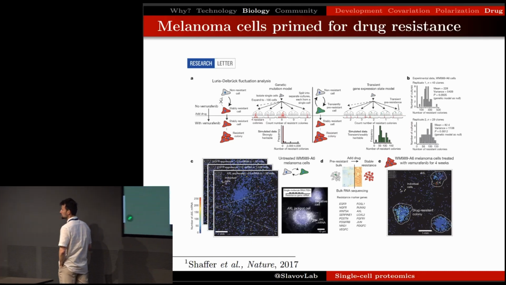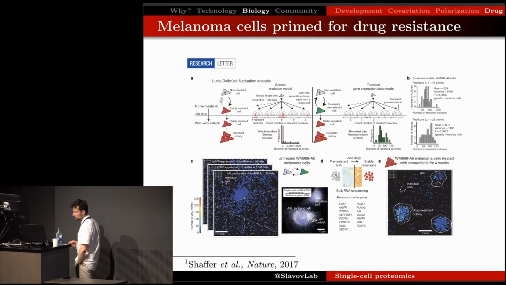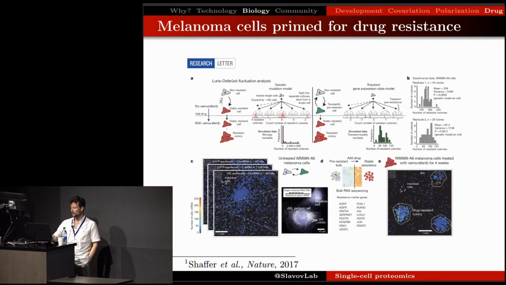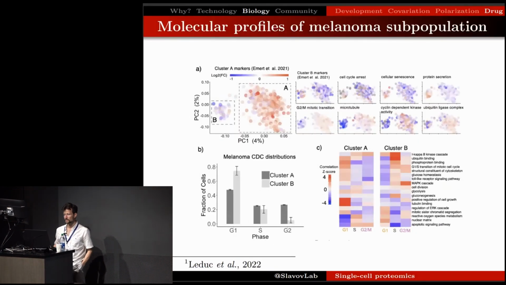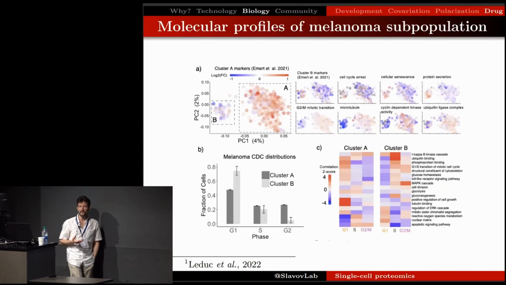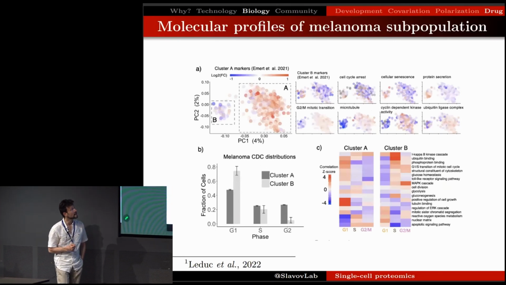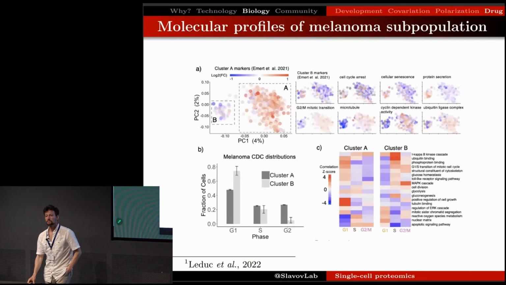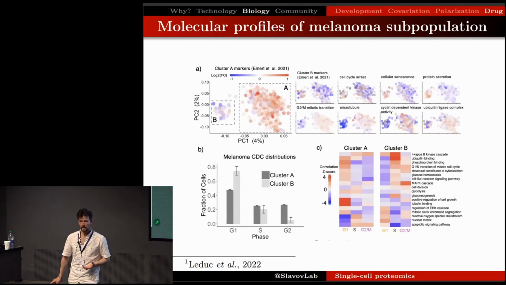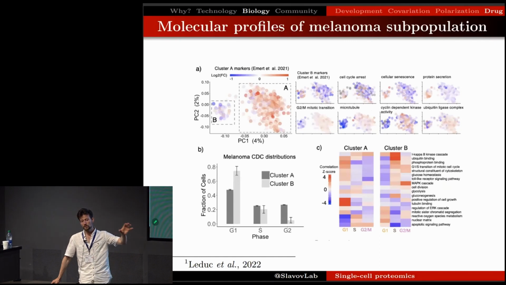Andrew used this system to analyze at the protein level, and this was the first system to which we applied nPOP as a sample preparation method. When Andrew analyzed those melanoma cells, he immediately observed that there were two clusters present, and we were able to use marker genes identified by Arjun Raj at the transcript level to color code each single cell based on the protein measurements that we had.